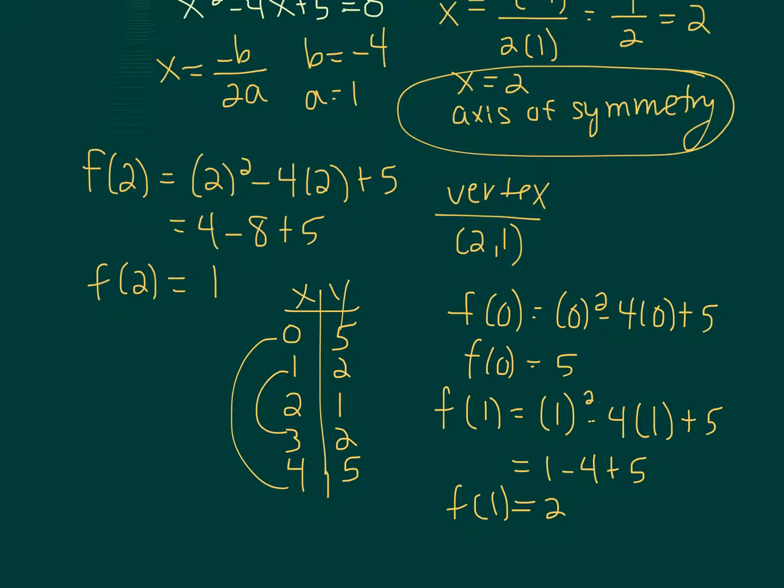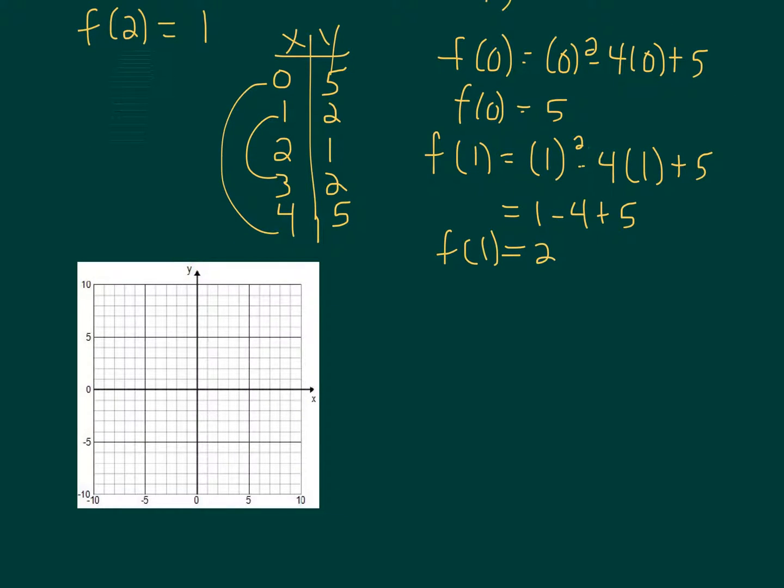Now we can graph this. And again, I'm going to start by graphing my axis of symmetry, which is x equal to 2. And then I'm going to graph my vertex, which is 2, 1.